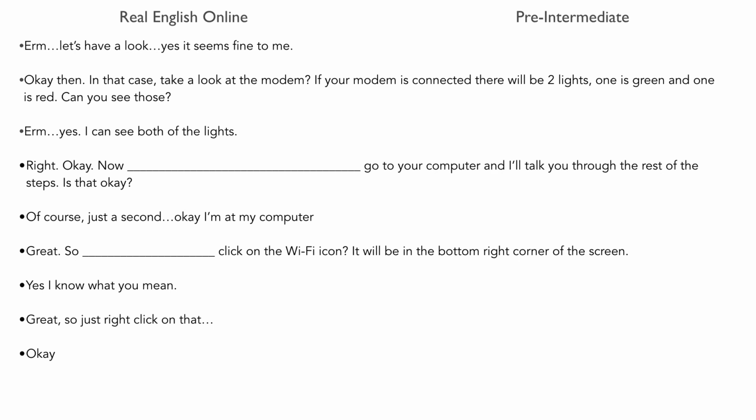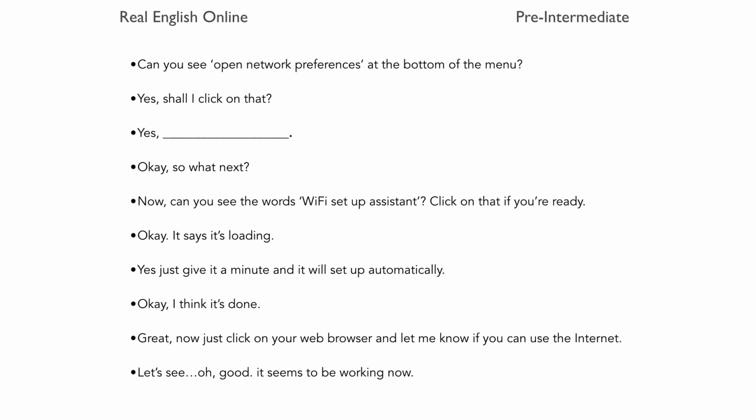Okay, I'm at my computer. Great. So can you click the Wi-Fi icon? It will be in the bottom right-hand corner of the screen. Yes, I know what you mean. Great. So just right-click on that. Okay. Can you see Open Network Preferences at the bottom of the menu? Yes, shall I click on that? Yes, go ahead. Okay, so what next? Now, can you see the words Wi-Fi Setup Assistant? Click on that if you're ready.